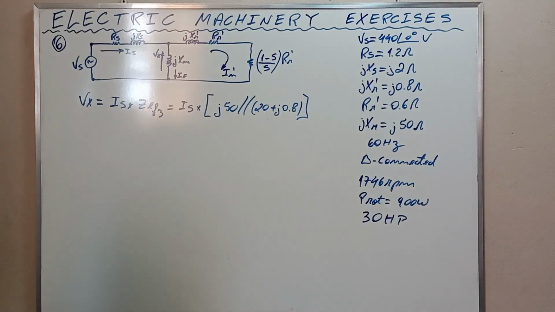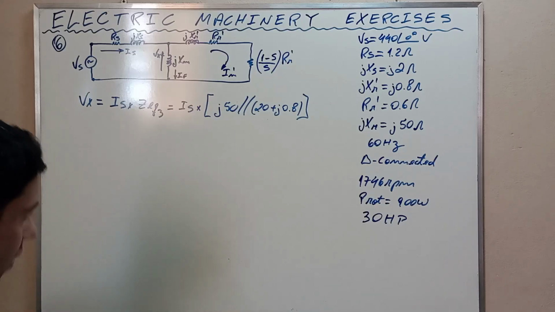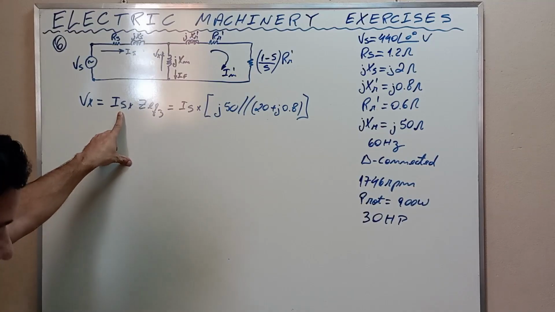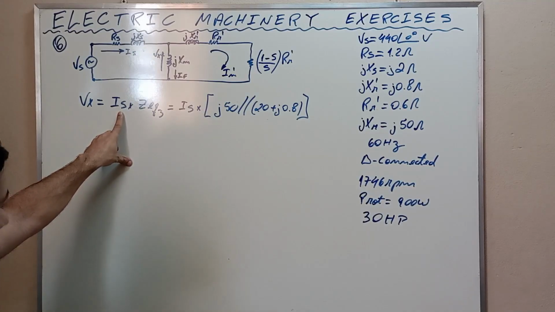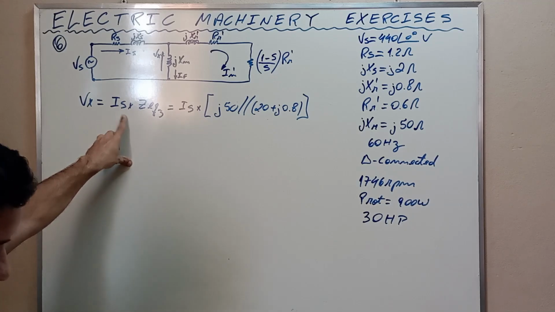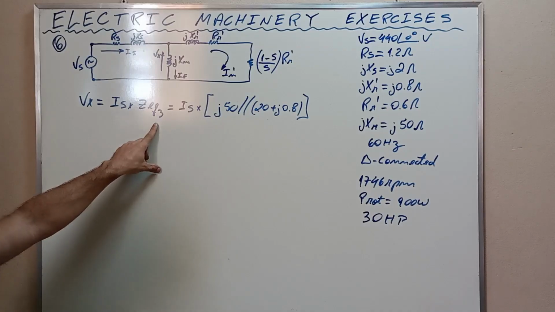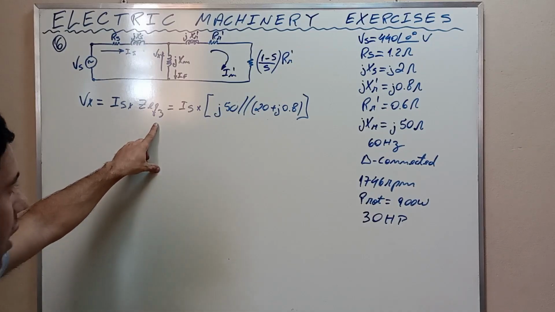Substituting the values, we have already calculated everything. We know that Is is 21.7 in the phase negative 27.59 degrees. This can be easily calculated.